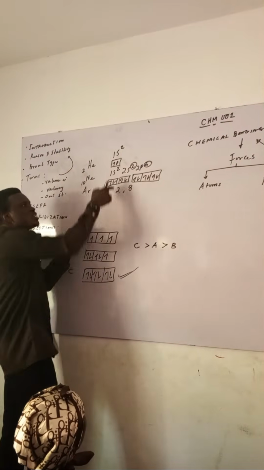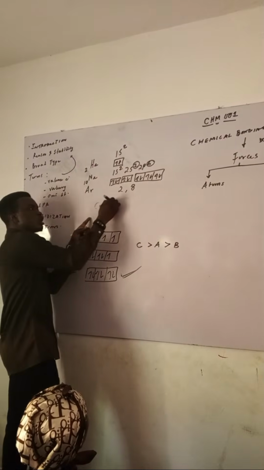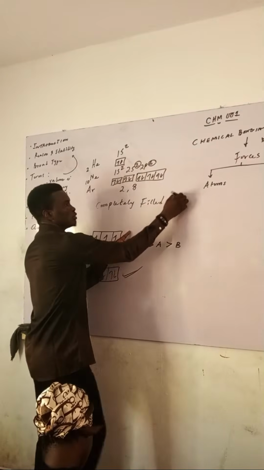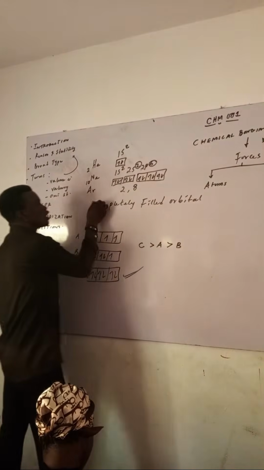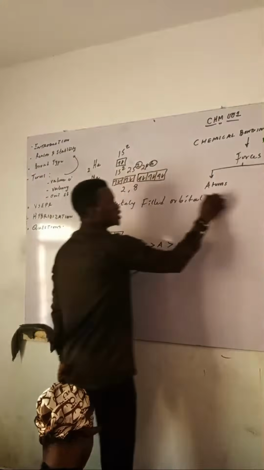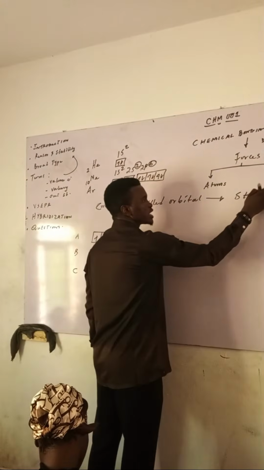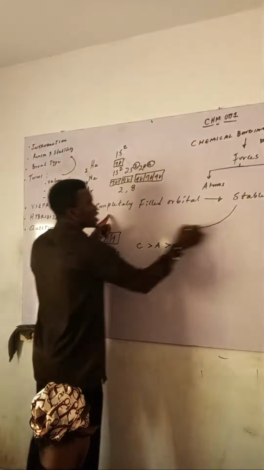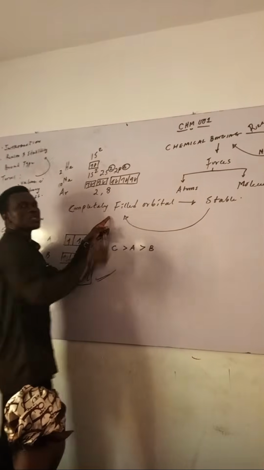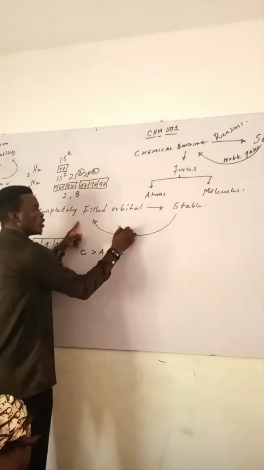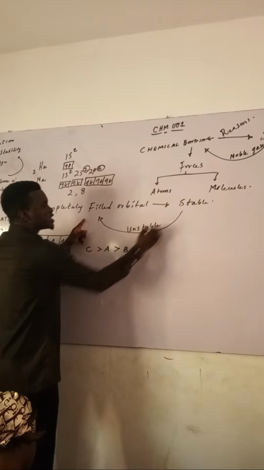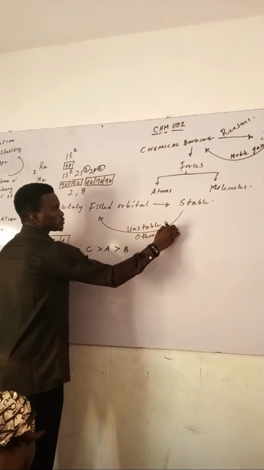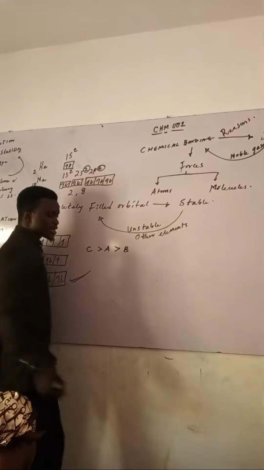So any element that has a completely filled orbital or shell is said to be what? Stable. Do you get that? It's said to be stable. But every other element on the periodic table does not have this completely filled orbital, so they are unstable. Now, these other elements that are unstable, let's check them out.